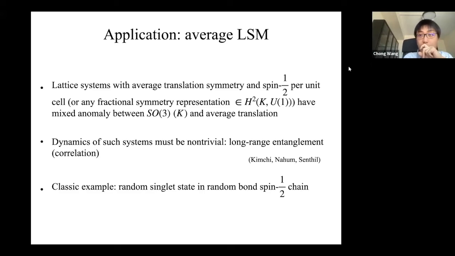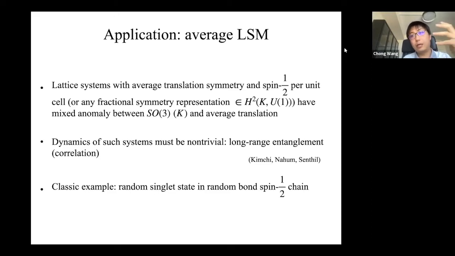Specifically, you can have the following statement: if I have, let's say, a lattice spin system with exact spin rotation symmetry, SO3. In fact, it doesn't have to be SO3. You can have Z2 cross Z2 subgroup. You can have time reversal, as long as it's an on-site symmetry that admits some projective representation. And then you have some projective representation per unit cell, let's say spin-1/2 for the case of SO3, or Kramers doublet for the case of time reversal.